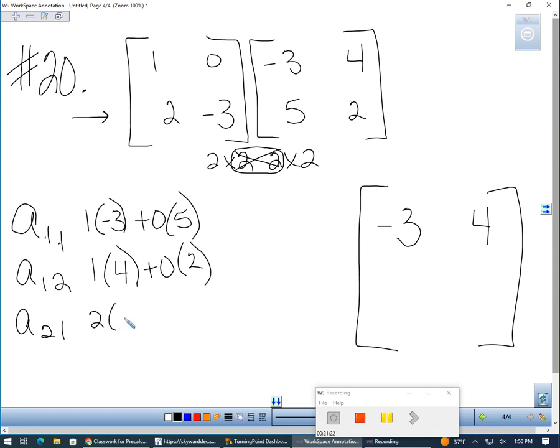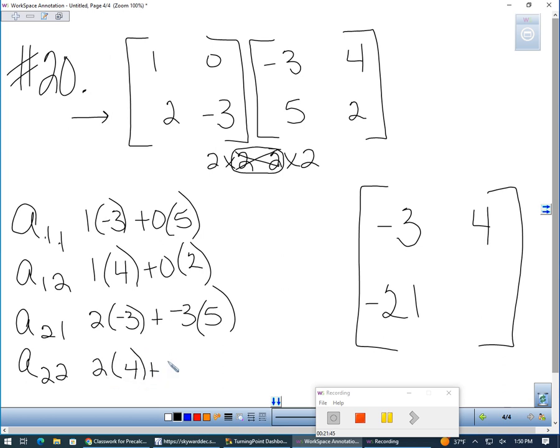So 2 times negative 3 plus negative 3 times 5. Negative 21, right? Yes, negative 21. And the last spot, the A22 spot, means I'm doing row 2, column 2. So that is 2 times 4 plus negative 3 times 2.